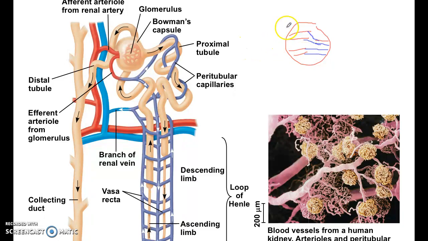So you're going to have venules. There'll be many venules here, and they all connect into one giant vein right there. If it was an artery, you would use red, so these would be arterioles, right?